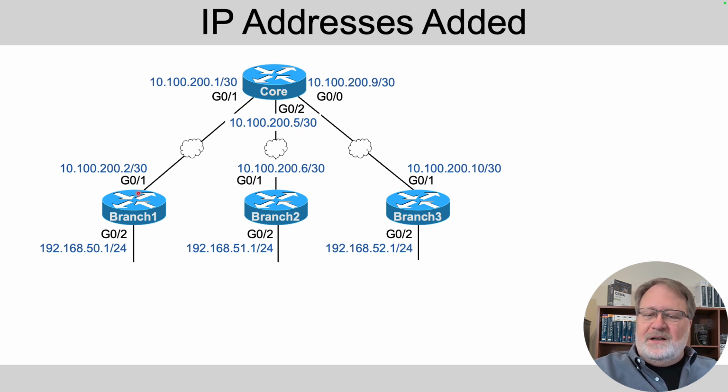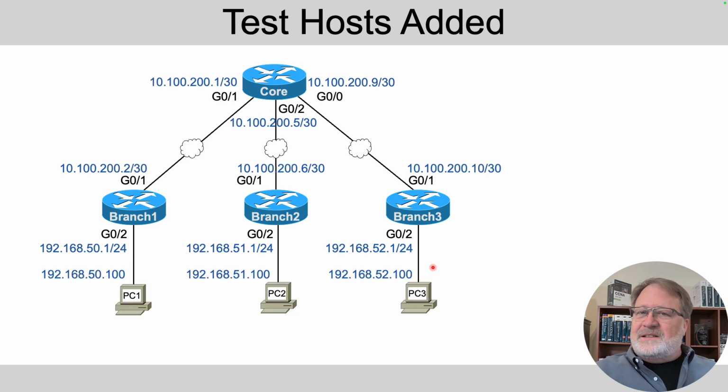Notice we've got addresses in 3 different subnets of network 10 here, and then 3 different Class C networks that begin 192.168 used down here at the bottom of the diagram. Additionally, I've placed some PCs in those subnets here, so if you want to test your routes later, you can get into these PCs and issue ping and traceroute commands to test.